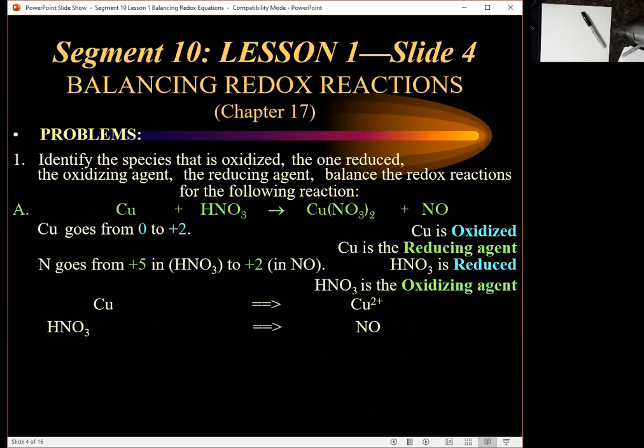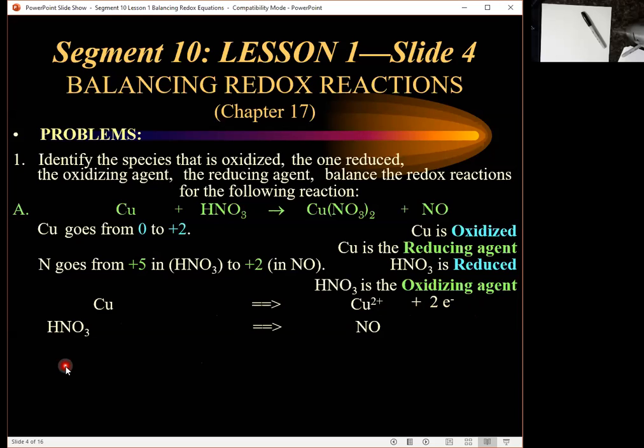Just 2 of them if we can do that, and we can here. Now the only thing I need to do to balance this equation is balance the atoms, and the atoms are already balanced. I just need to balance the charge. Charge on the left is 0, so I have to add 2 negative charges on the right, 2 electrons, in order that the charge on the right be 0 as well.